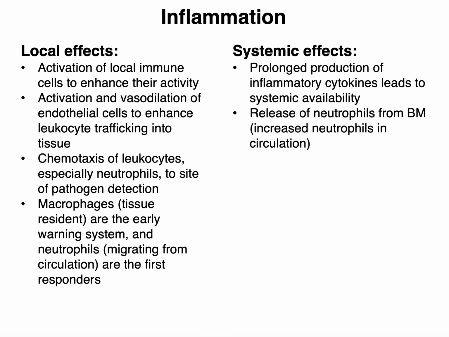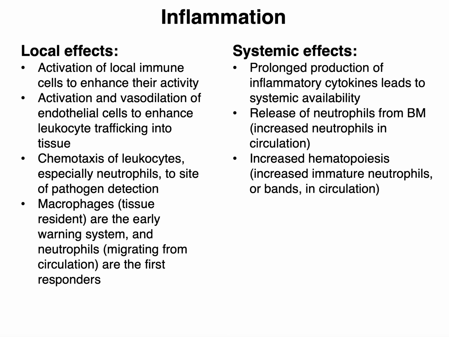One of the things that can happen is this can lead to release of neutrophils from bone marrow, which leads to an increased number of neutrophils in circulation. Sometimes inflammatory cytokines can induce increased hematopoiesis, and if this is a prolonged response, can lead to increased numbers of immature neutrophils or bands in circulation because the hematopoietic system can't keep up with the demand.